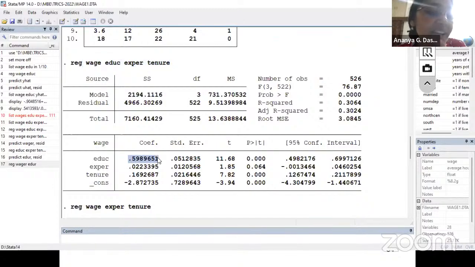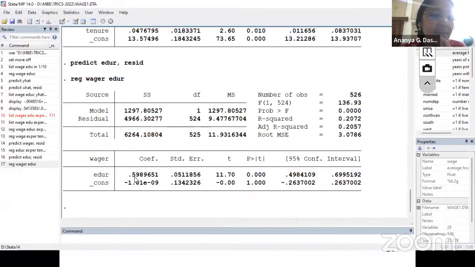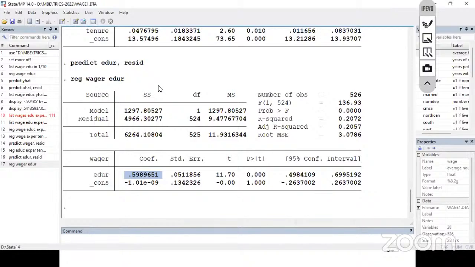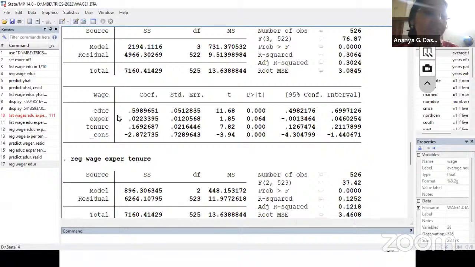So this 0.5989651 is exactly what I get when I run a regression of wage R on edu-R. So that's what your multiple regression is doing. So when you're interpreting this coefficient, be very mindful of the fact that it's giving you the effect of education on wage holding experience and tenure constant. Okay.